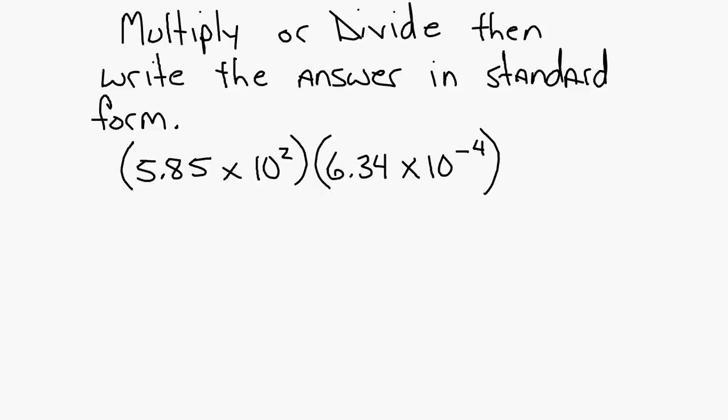All right? So we're going to do 5.85 times 6.34. And round it 2 decimal places, please. So 5.85 times 6.34.